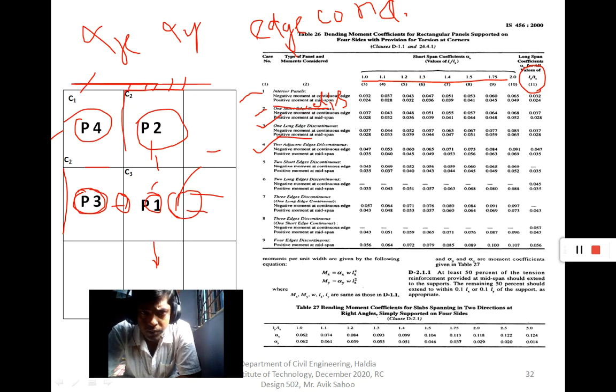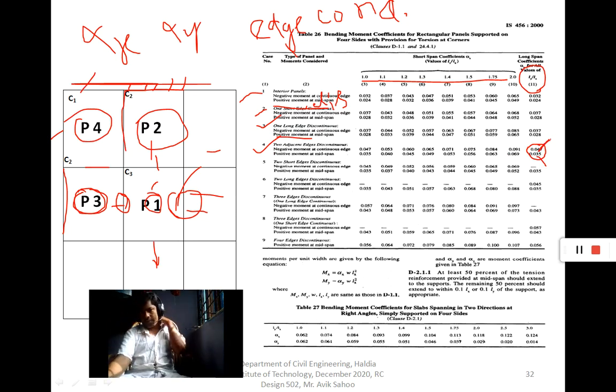That's why the coefficients are given, and using the formulae you find the span moment and support moment. In the shorter span also the positive coefficient is given. From a positive coefficient you get a positive moment, whereas from a negative coefficient you get a negative moment.